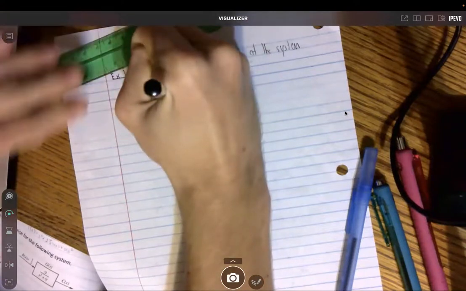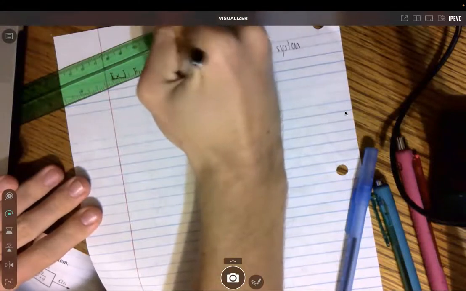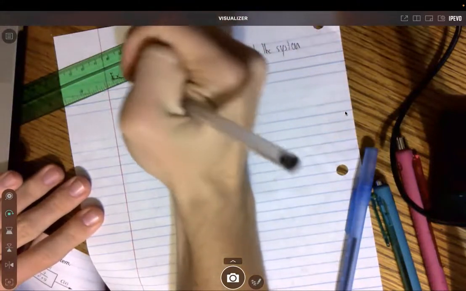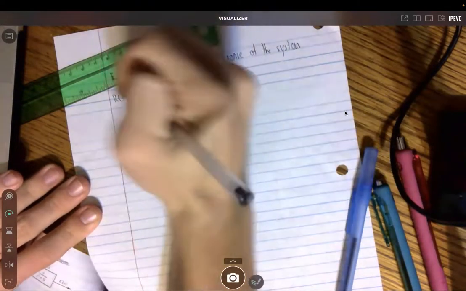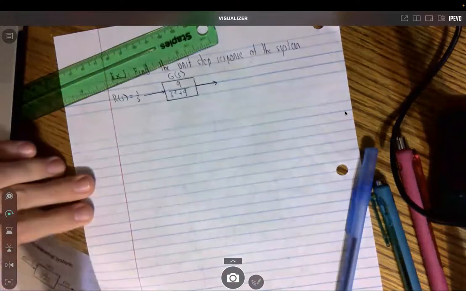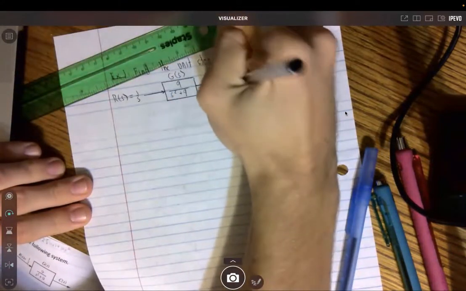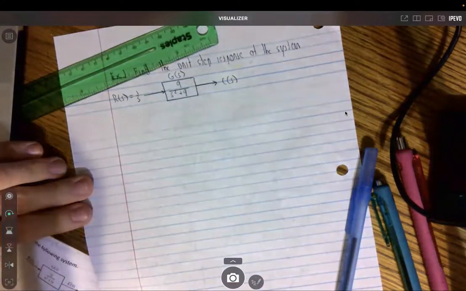And then we're going to have an input and an output from the system. So this is our system G of S. And our input is going to be, because it says unit step response, a unit step. So 1 over S, that's the Laplace transform. Then we're going to have our output, which is C of S. So we have to find that response. So we have to find the output.